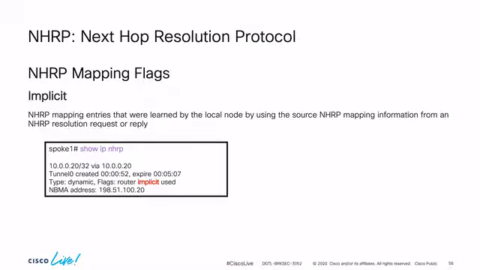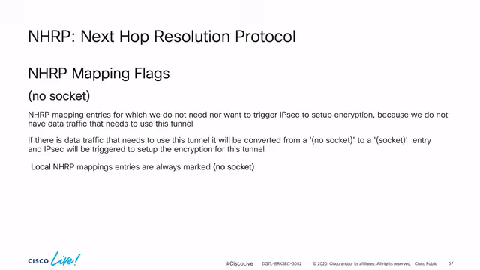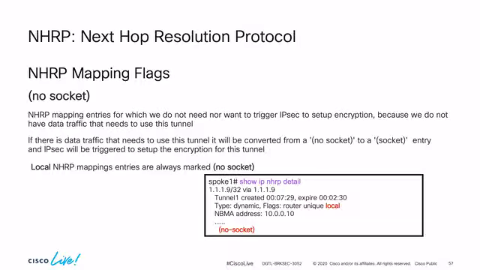The no socket mapping flags are basically mapping entries which are put within an NHRP table for those entries for which you don't want to trigger the IPsec encryption. So if you were to look at this particular example, you would see that the flag local is set. And what is interesting is you would also see the no socket.